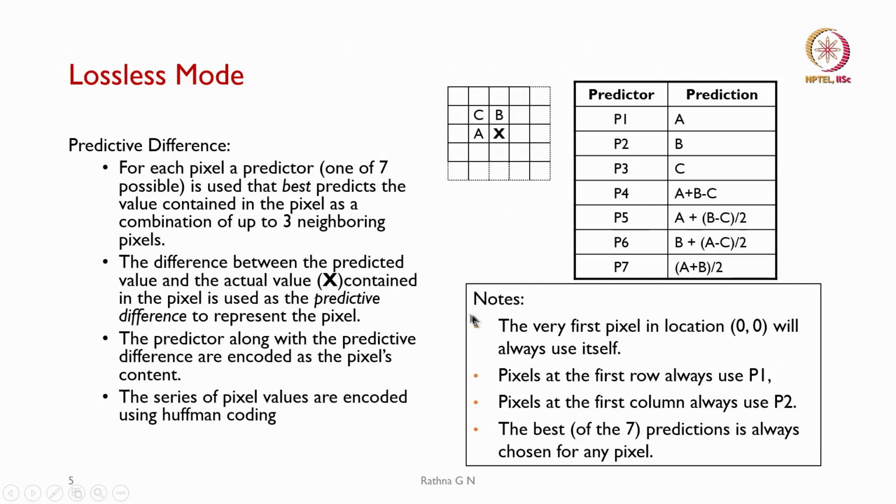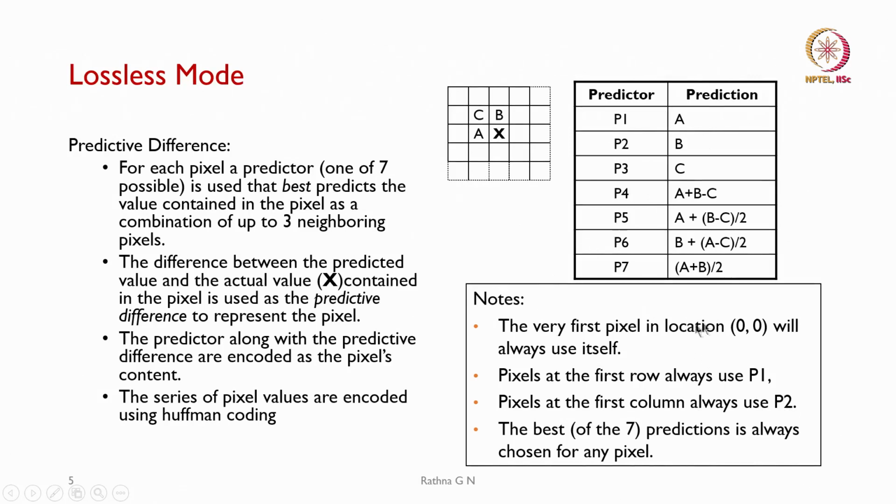One has to take care of the edge cases. The very first pixel in location 0, 0 will always use itself, pixels in the first row always use P1, and pixels in the first column always use the P2 technique.